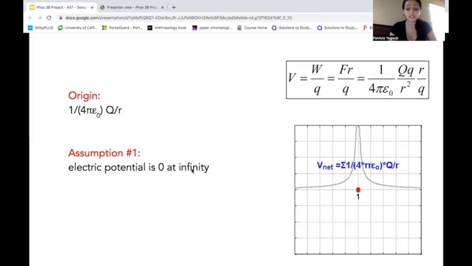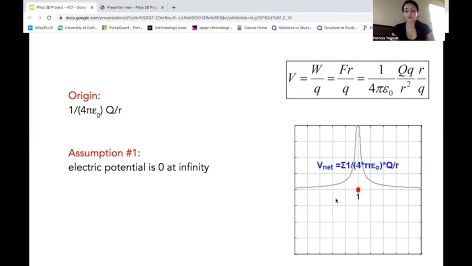And what this is saying is that basically, as the distance between the point and charge increases to infinity, the electric potential is going to be zero, okay? So this is just an assumption. You can assume that electric potential is zero under those circumstances, right?